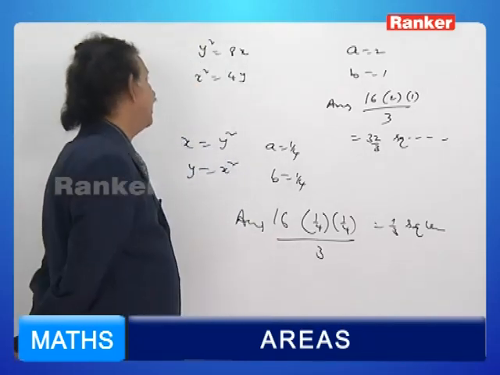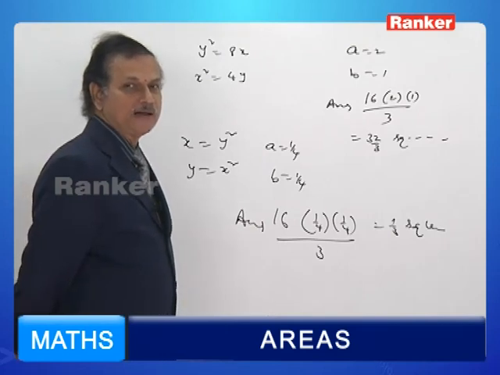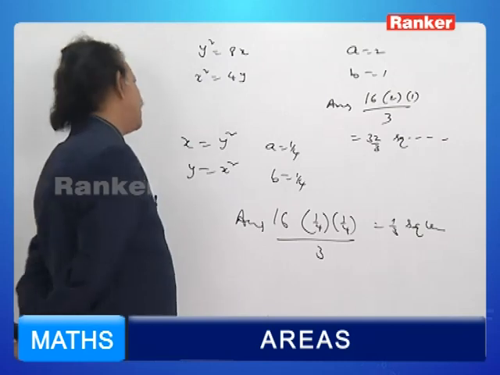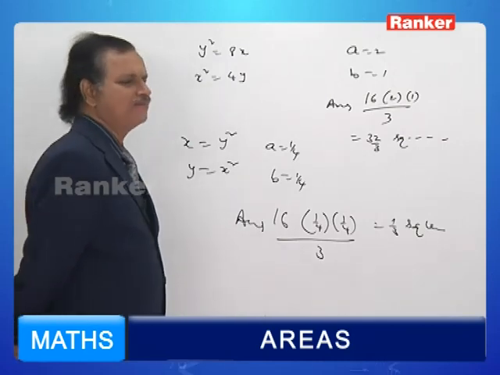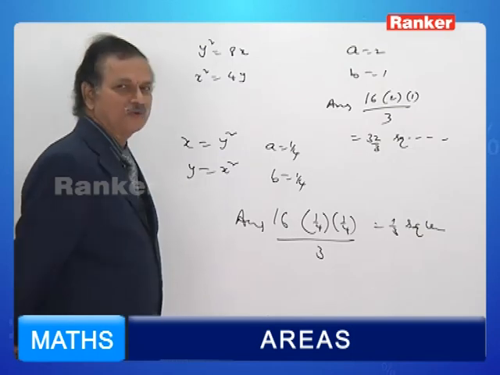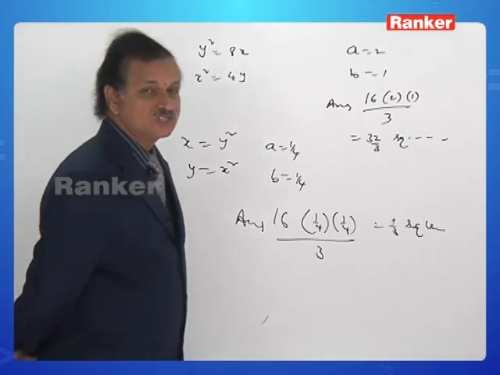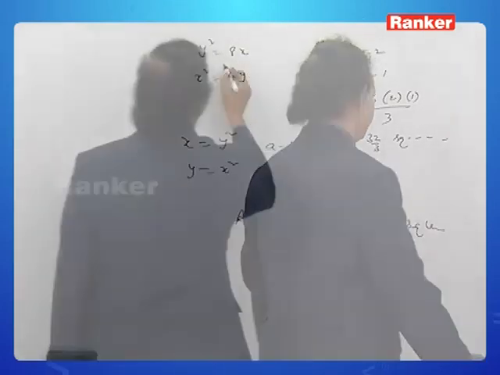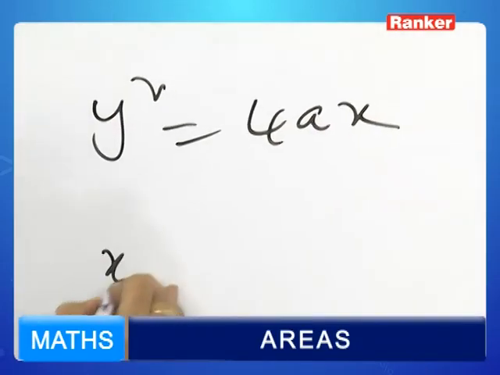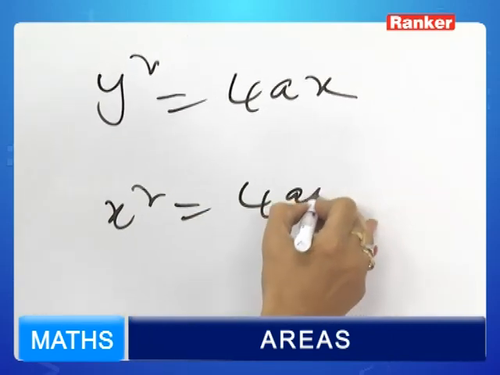That is the area bounded between the two parabolas x is equal to y square and y is equal to x square. Likewise, you can apply this as many times as you need. So, the famous answer is 16ab by 3. Y square is equal to 4ax and x square is equal to 4ay.